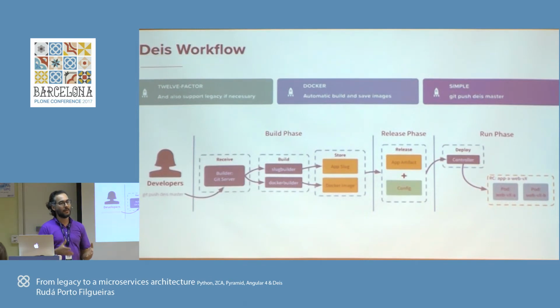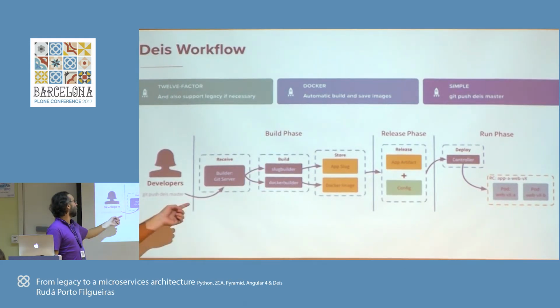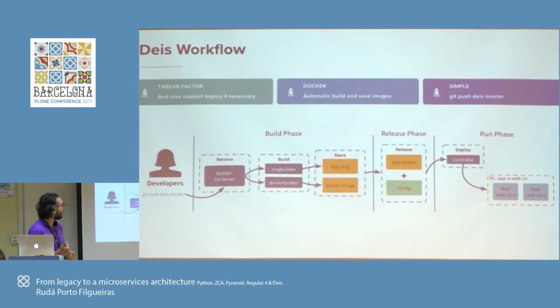So in the end, in the back end, what's going to happen? You go to the build phase. If the container was not built before, you're going to build the container, and then start the application and do the blue-green process to put the application up, check if the application is really running properly before doing the change between the releases.